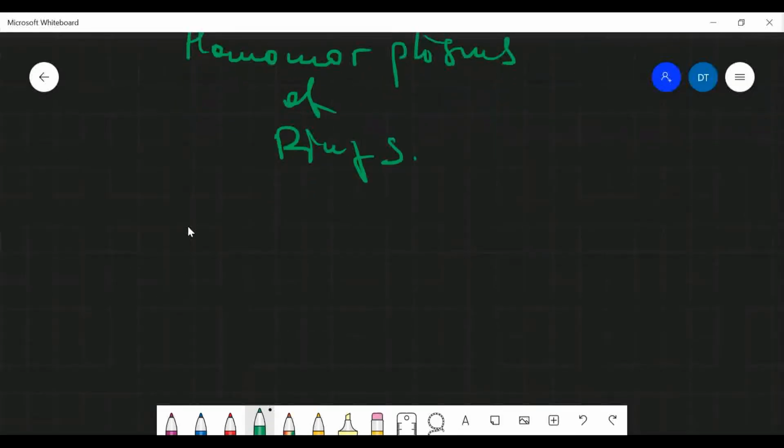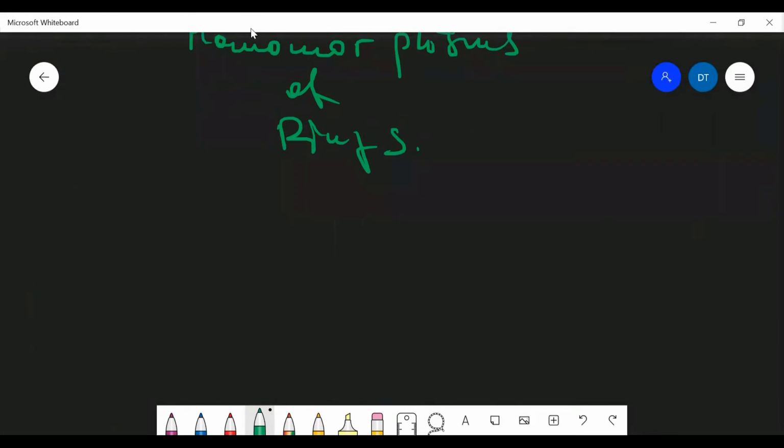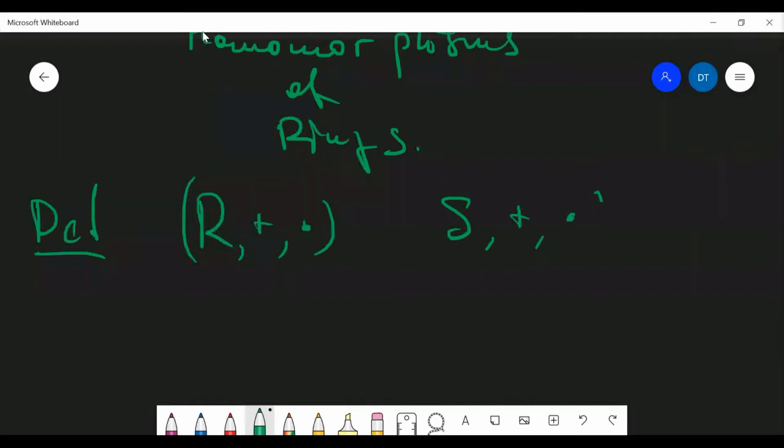Well, homomorphisms and isomorphisms. Suppose we have two rings. Let me give a definition. Suppose we have two rings, R plus dot and S plus dot. Then a homomorphism is a map. I want to define a homomorphism from R to S.